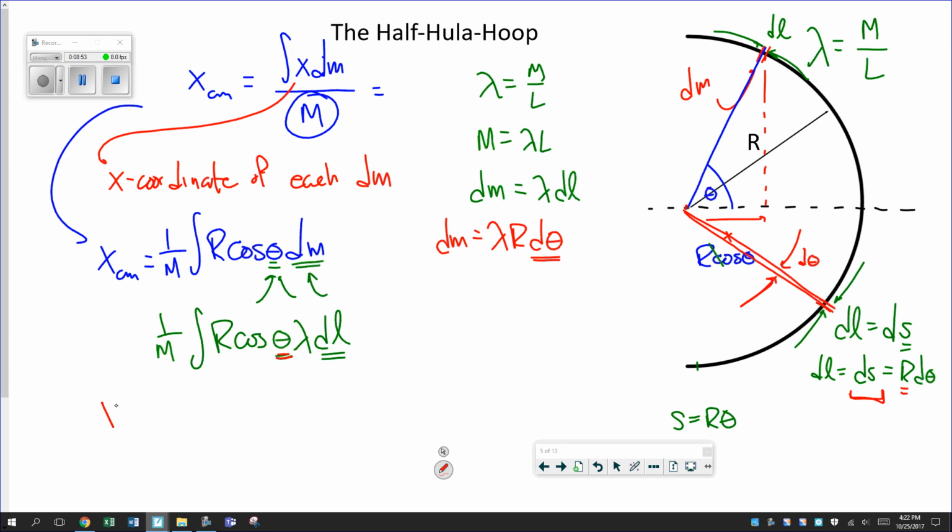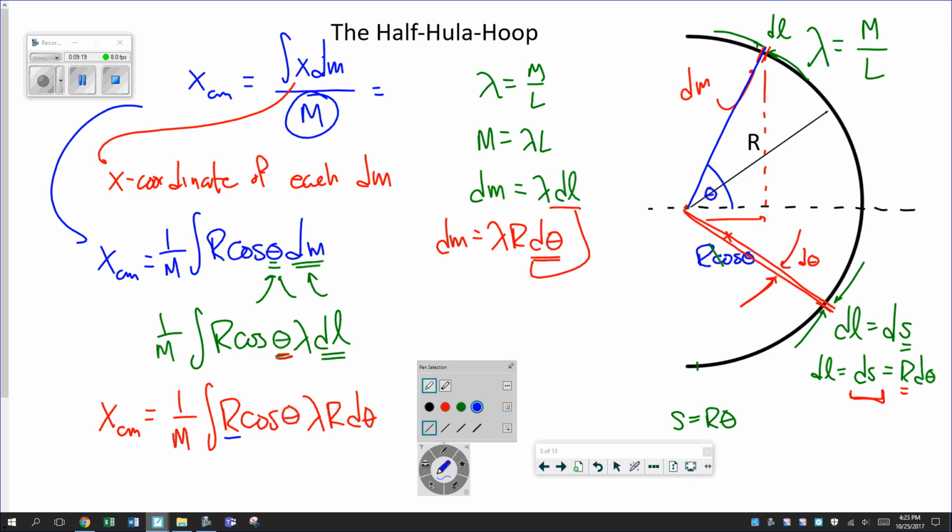So now we can say that the position of the center of mass is 1 over the whole mass times r cos theta times lambda times dl, which is r d theta. And look, we now have a constant and a thing that varies, and we're integrating with respect to that variable. We can do that.